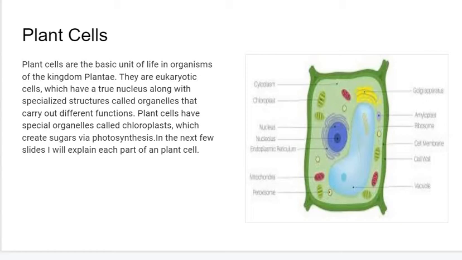Plant cells have special organelles called chloroplasts, which create sugar via photosynthesis. And in the next few slides, I'll explain each part of a plant cell. Sorry about that.